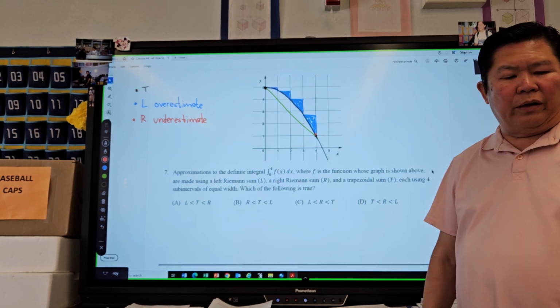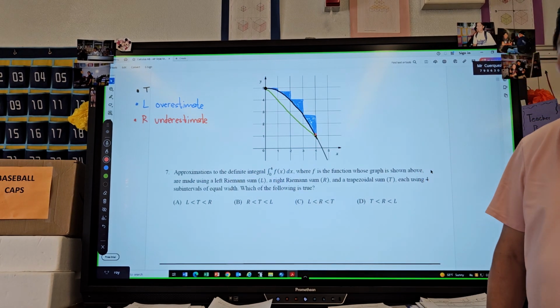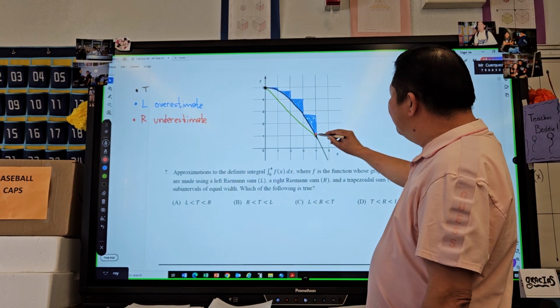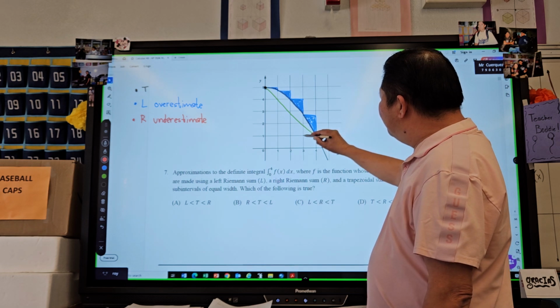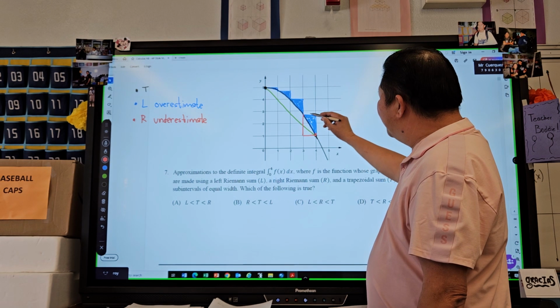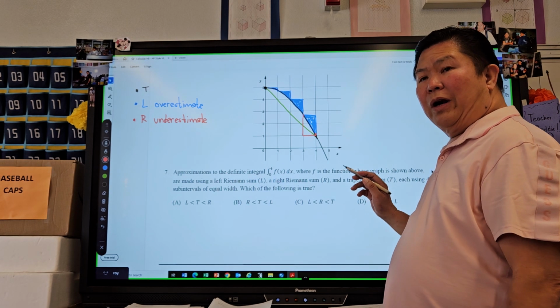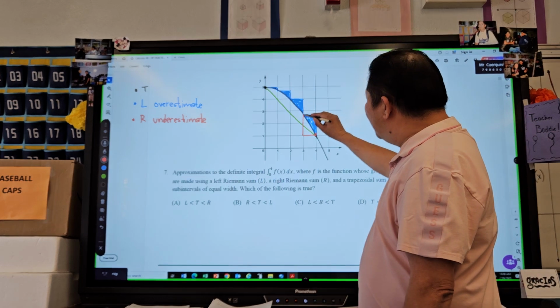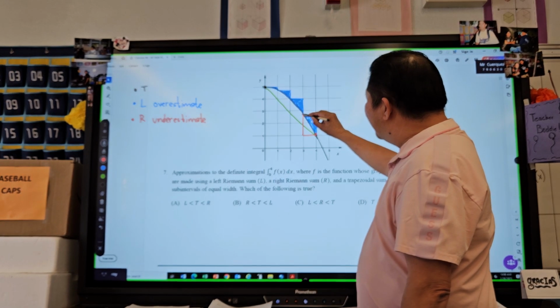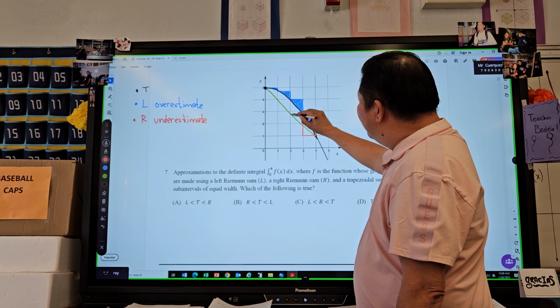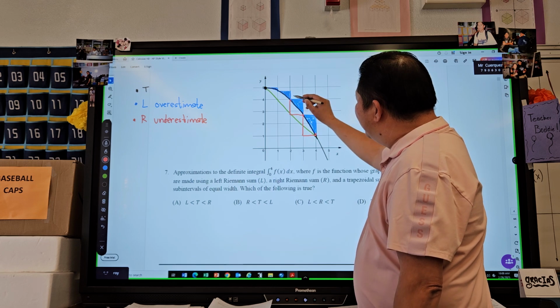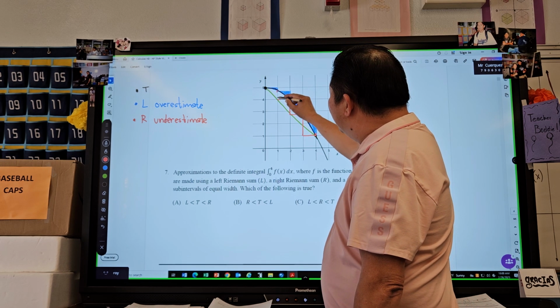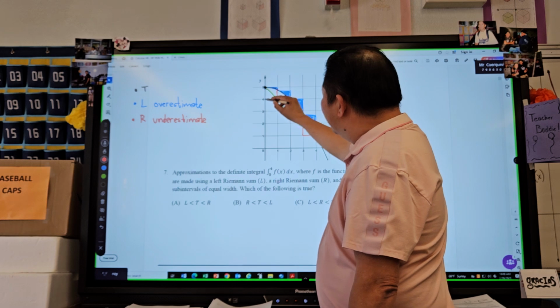So it should be where? So right here. Left to right. Right to left, right? So next, right here, and then right here, and right here.